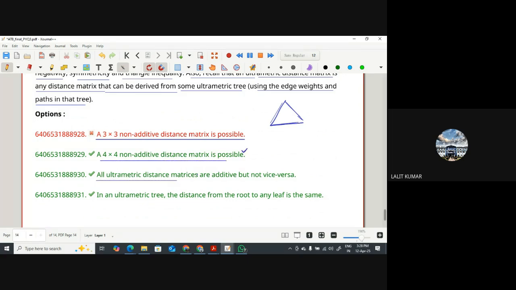All ultrametric distance matrices are additive, but not vice versa. Additive is not necessarily ultrametric, but ultrametric is additive. In an ultrametric tree, the distance from the root to any leaf is the same. So whatever the leaf is, the distance from the root is the same. So 2 by 2 is possible. 2 by 2 non-additive distance matrix.